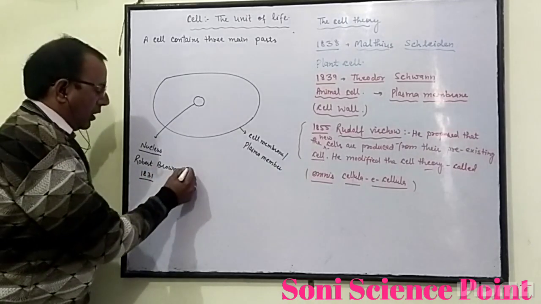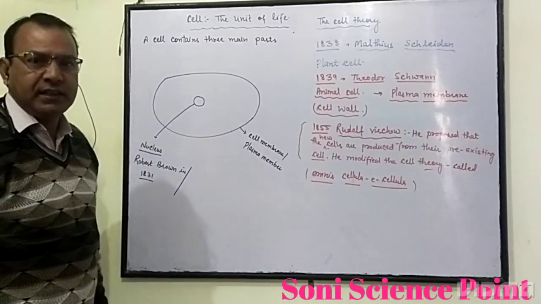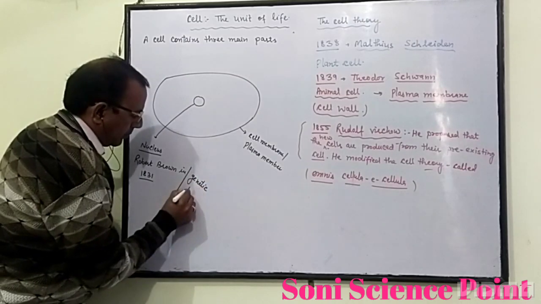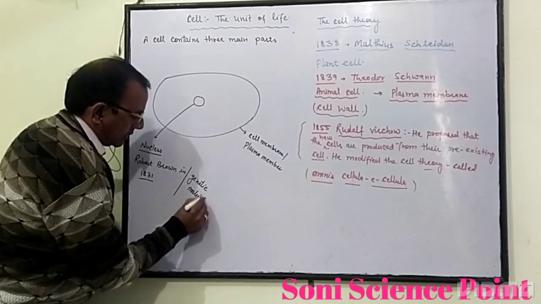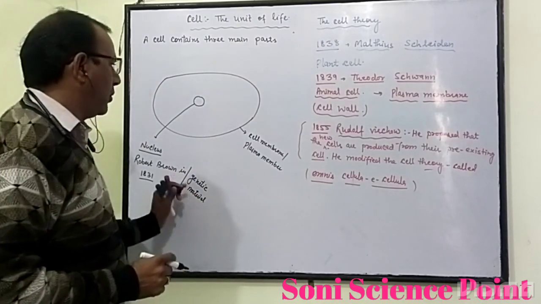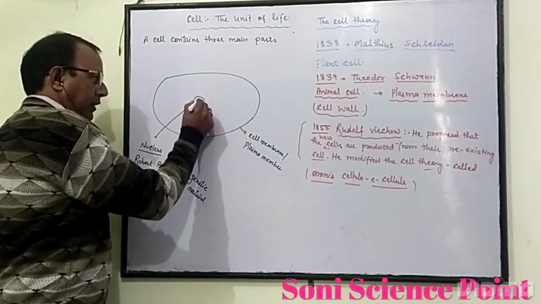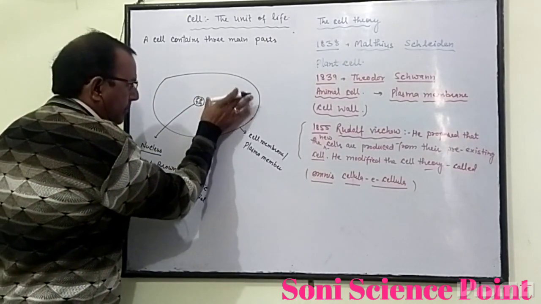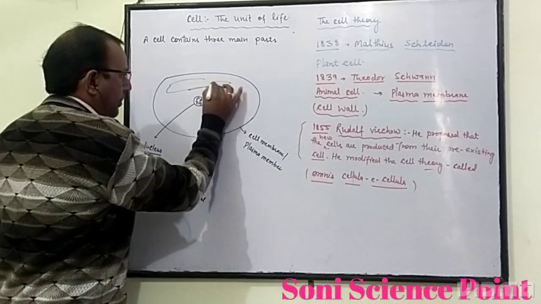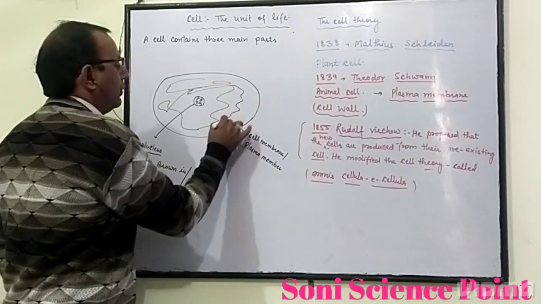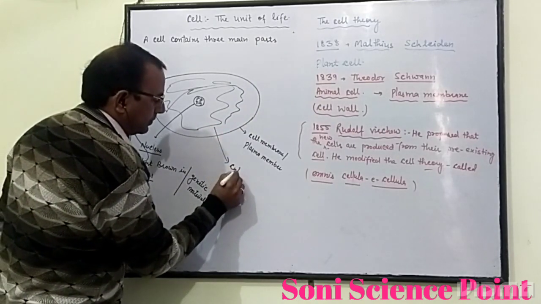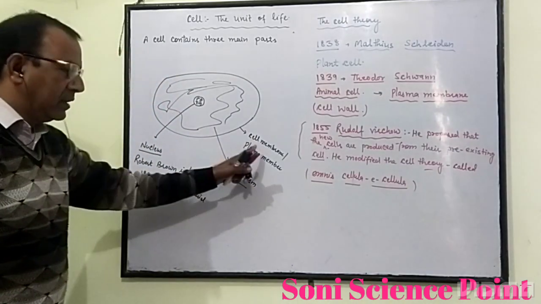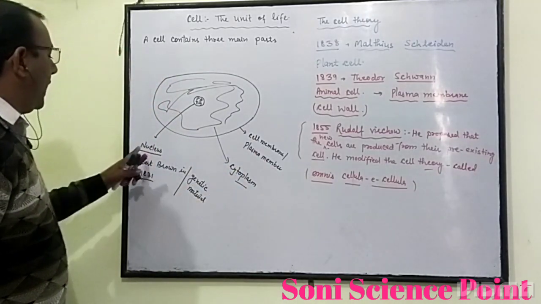In the nucleus, genetic material such as DNA, RNA, chromosomes, etc. are present. The gap between the nuclear membrane and the plasma membrane is filled with a fluid, and that fluid is called cytoplasm. So we can say that there are three major parts of a cell: cell membrane, cytoplasm and nucleus.